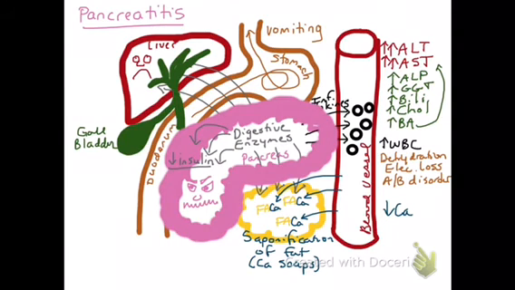Now, insulin is normally responsible for moving energy from the blood into cells. So remember, insulin in, energy in to cells. So if there's a deficiency of insulin, then you would expect to see increases in energy in blood. And that's exactly what we tend to see. We tend to see hyperglycemia, hypercholesterolemia, and hypertriglyceridemia, all because of this insulin deficiency.